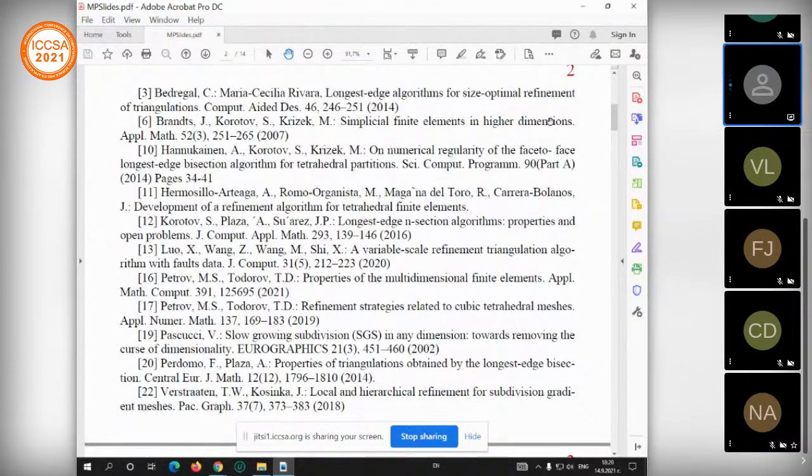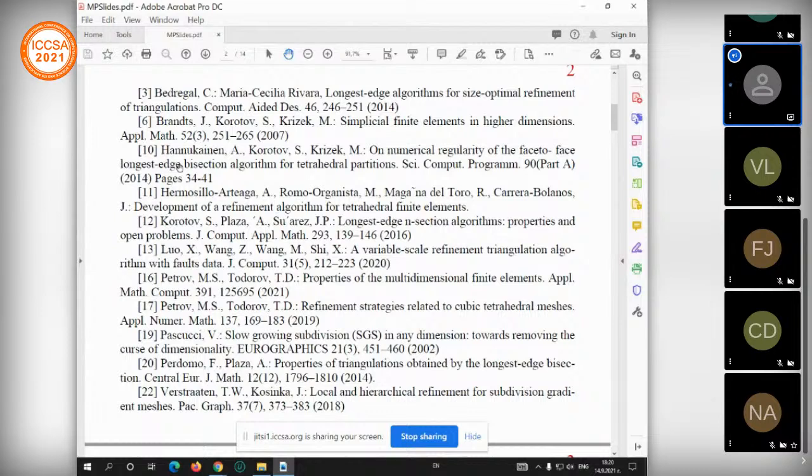The efforts of various authors have been devoted to different refinement strategies. Hannukainen et al. [10], Vidrigo and Rivara [3], and Perdomo and Plaza [20] focus their research on the longest edge bisection methods.